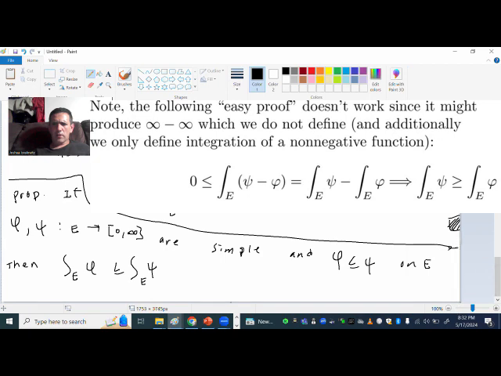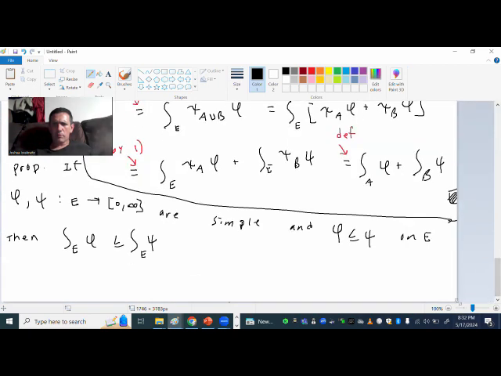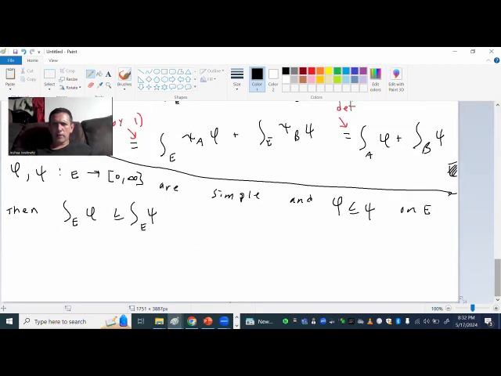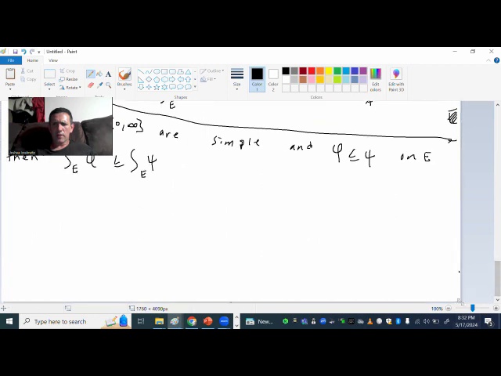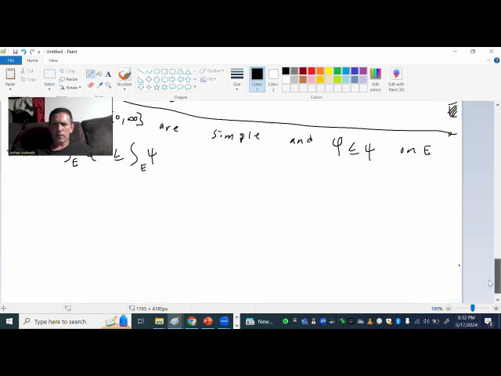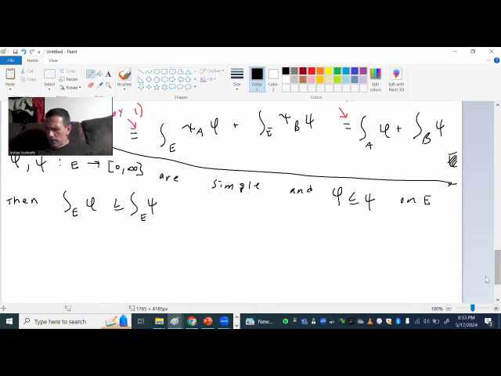Let's see how to prove it. It's a very simple proof, almost the same thing as what we've done before. It's very similar to one.